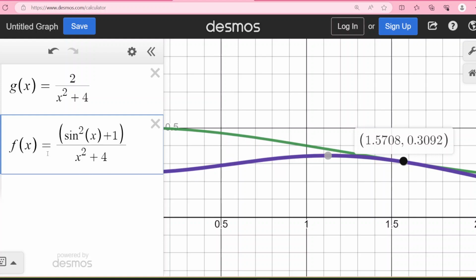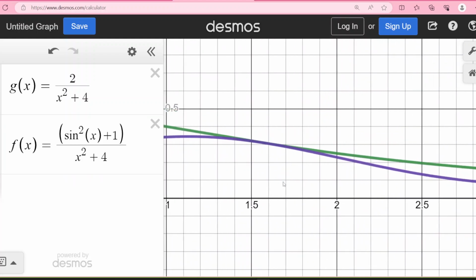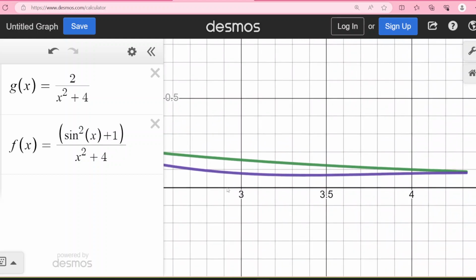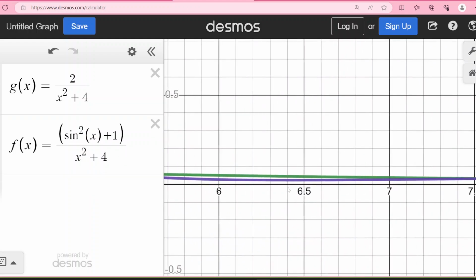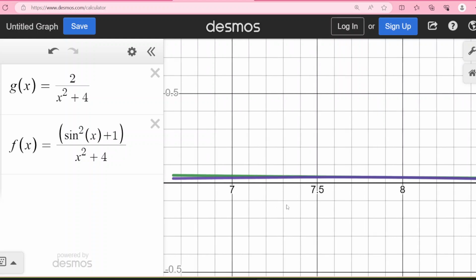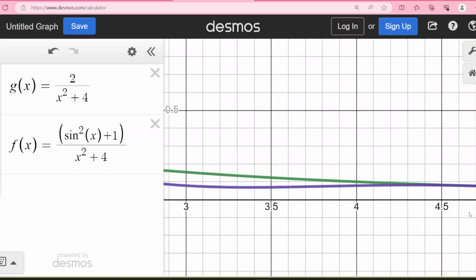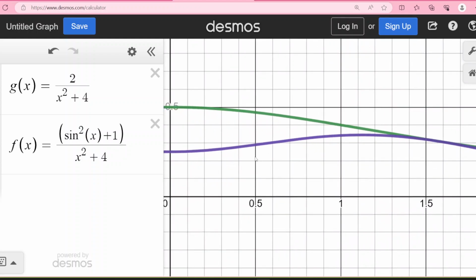The purple graph is sine squared x plus 1 over x squared plus 4. And then, from 0 to the right, the green graph is always as high or higher than the purple graph, right? They do touch each other on occasion, but the green graph is always at least as tall as the purple graph.